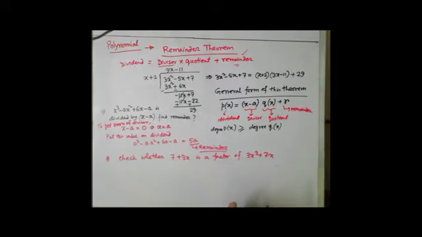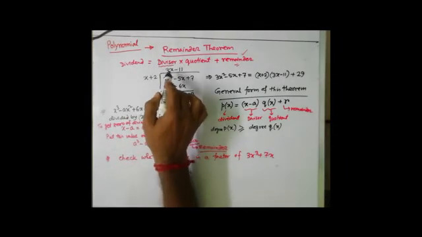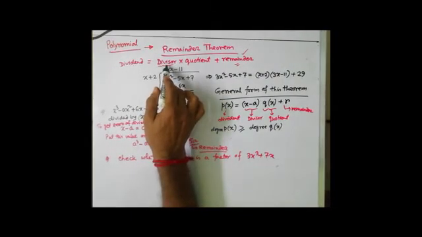If there is no remainder, that means 7 plus 3x is a multiple of 3x cube plus 7x, or rather say completely divisible. That means there is no remainder. Got it? So in this particular case, we are doing the same thing. We find the zero value of the divisor.